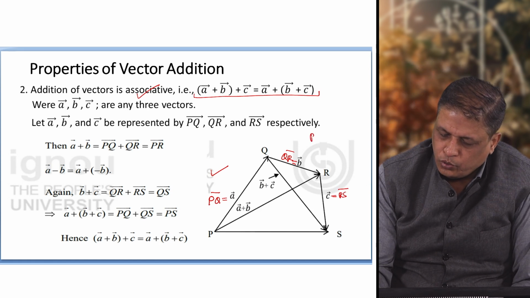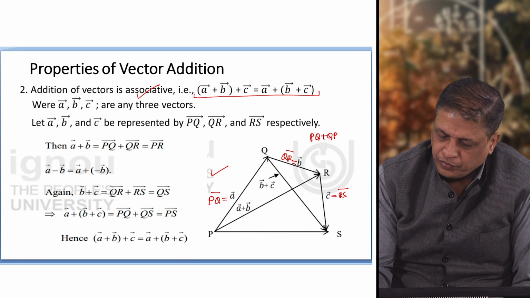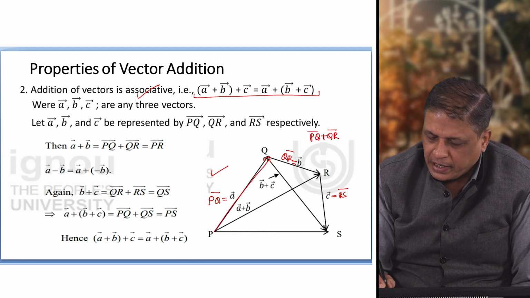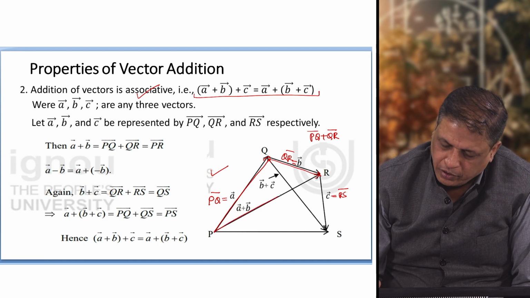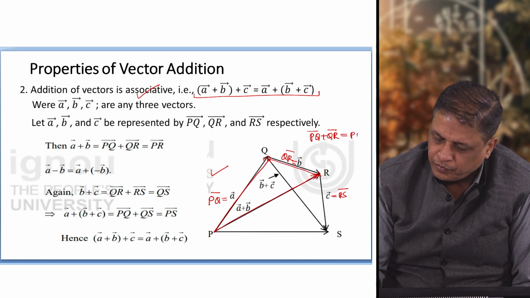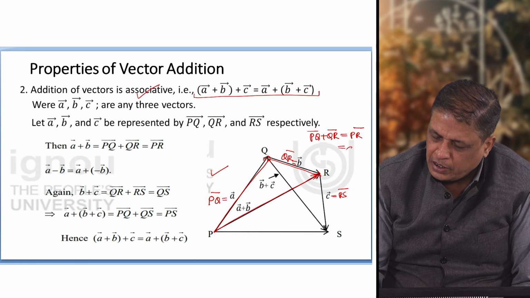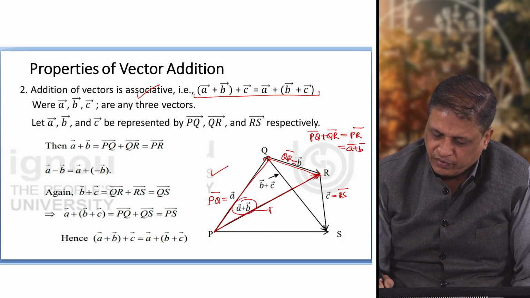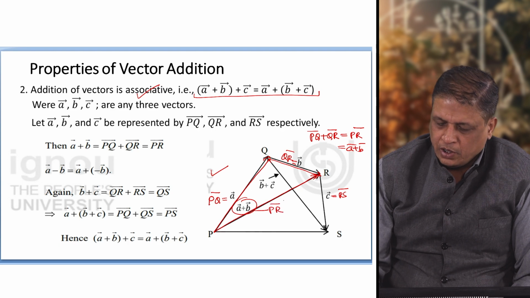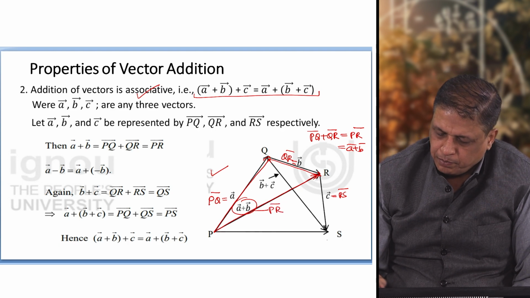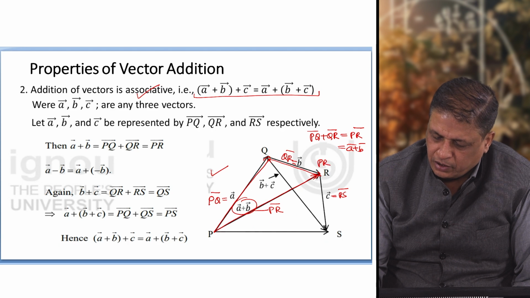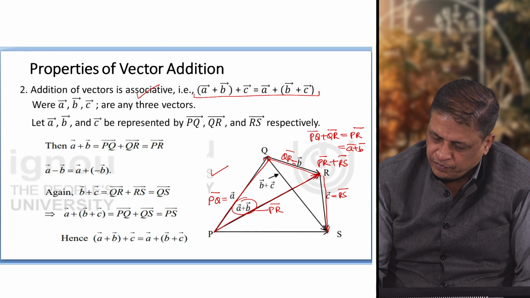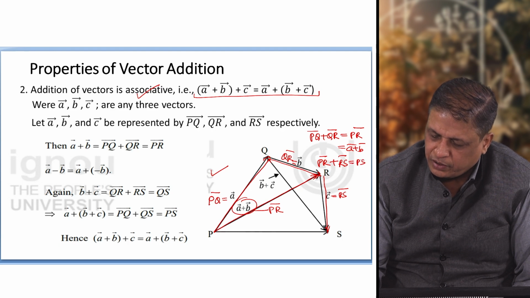Applying the triangle law of addition of vectors to PQ and QR, the resulting vector will be equal to PR, which is vector A plus vector B. Now PR vector plus RS vector is equal to PS vector.